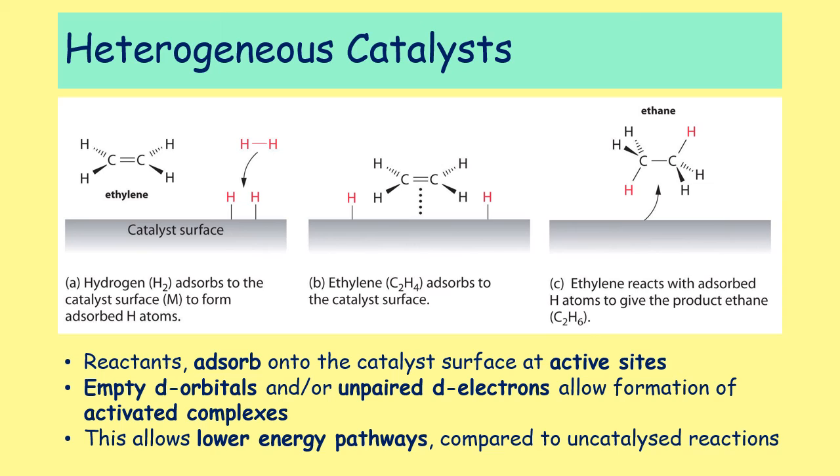And by doing so, it makes the total energy necessary for this process lower compared to uncatalyzed reactions. And then obviously at the end of the reaction, your product is released from the surface and the surface can be reused over and over and over again.